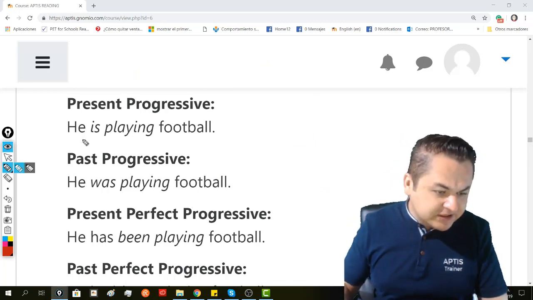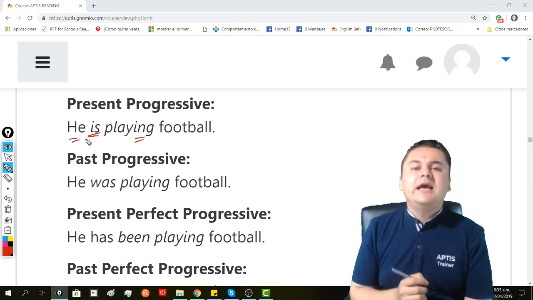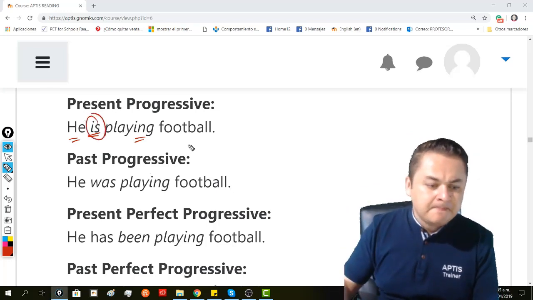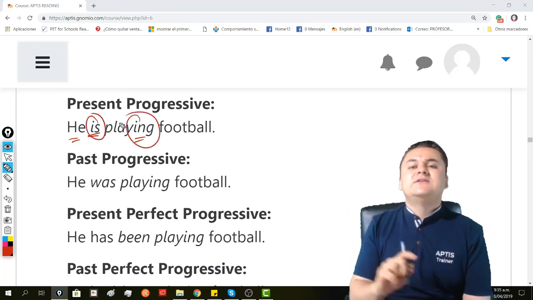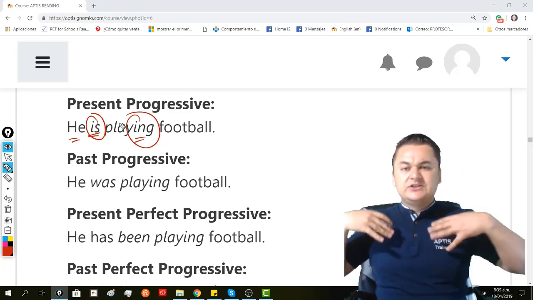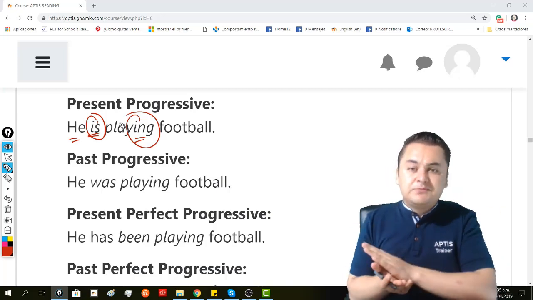So in this first case, we are saying here, he is playing football. He is the verb to be, and the other verb ends in ing. It means the action is taking place at or around the time of speaking.